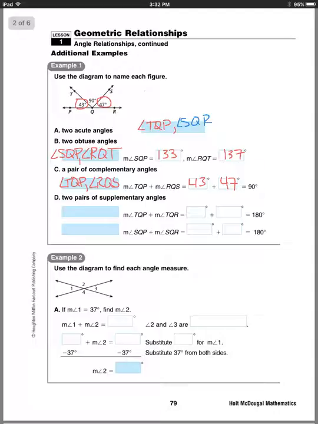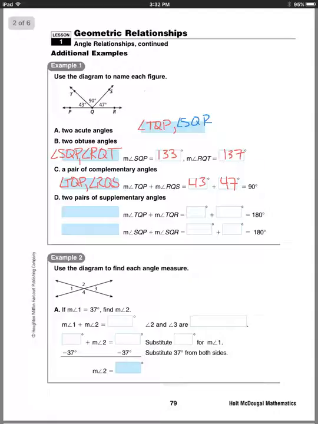Okay, now we have a pair of supplementary angles. Supplementary angles add up to 180 degrees. All right, so it is only two angles because it's a pair. A pair is two. So looking at this, we have to do what we did with our obtuse angles, and create two angles out of those three.